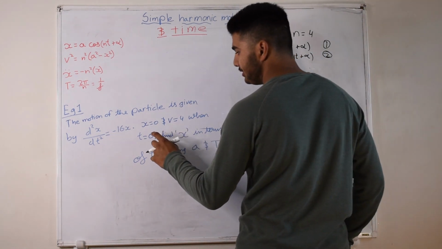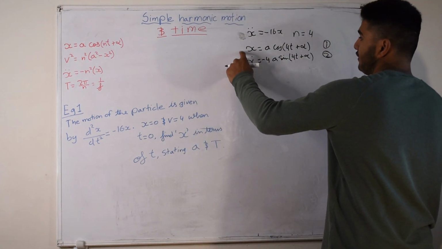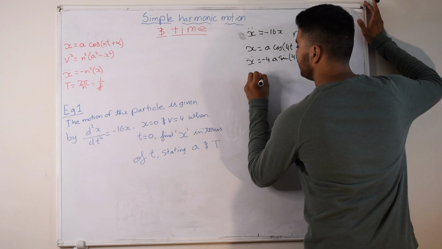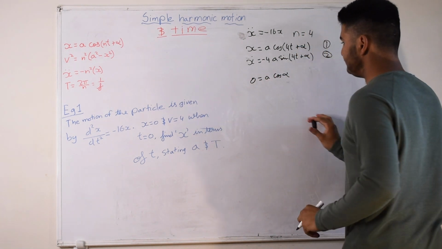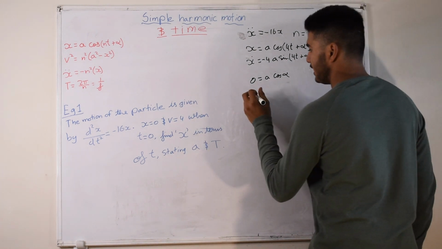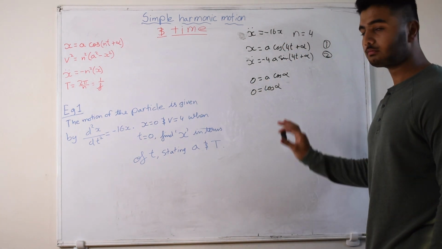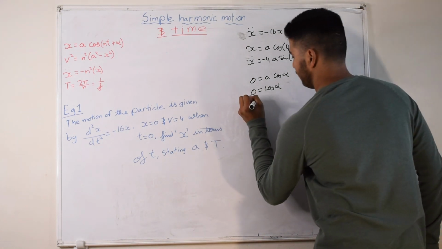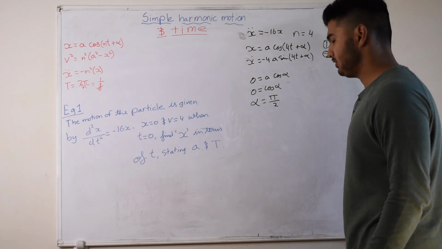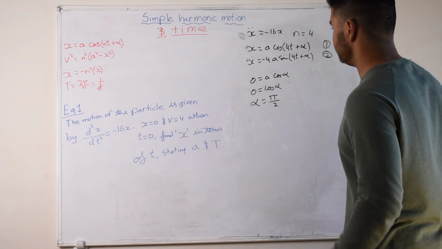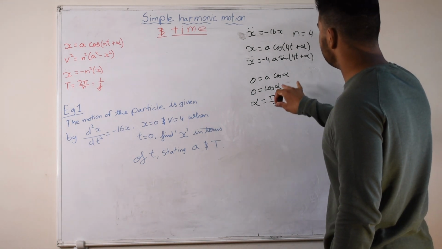When t equals 0, x equals 0, so coming back to the first equation, 0 equals a cos alpha, correct? Divided by a, 0 equals cos alpha. In this case, alpha equals pi upon 2, because when is cos 0? At 90 degrees. So it starts there, comes back up. Alpha has been given.